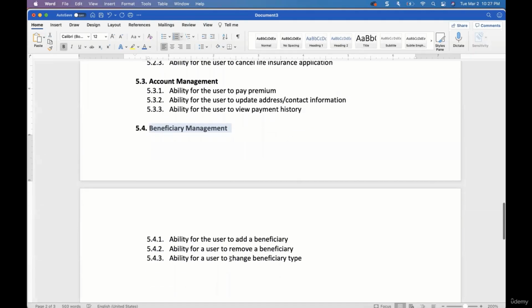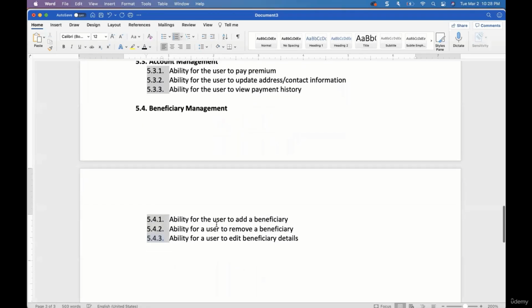So rather than saying change beneficiary type, we can say edit beneficiary details. And the last requirement that I want to add is related to internal system. Updates to internal system.